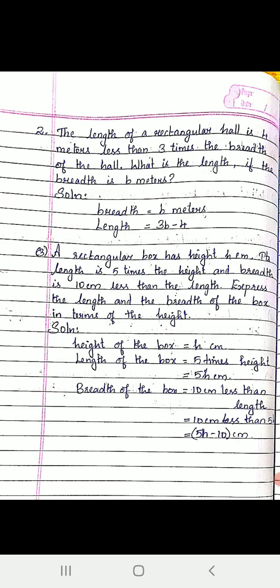Length is 5 times the height. So what will be the length? 5 into h, that is 5h. Breadth is 10 centimeter less than the length. The length is 5h. Less than means minus. How much? 10. So 5h minus 10 centimeter is the breadth of the box.